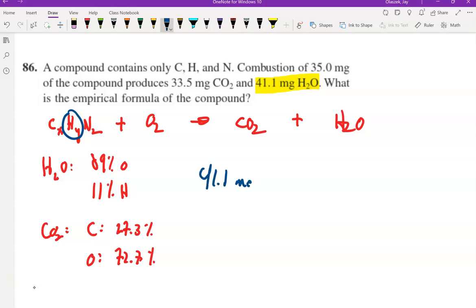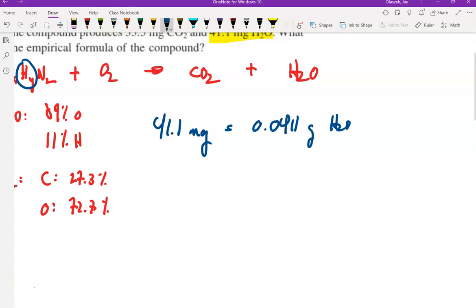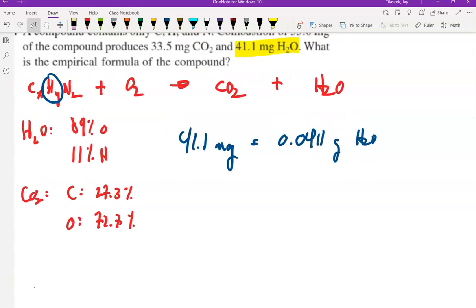41.1 milligrams is equal to 0.0411 grams of H2O. And if we know that that water is 11% hydrogen, we're going to ask, if our 0.0411 grams of water is 11% hydrogen, 0.11, what mass of that is hydrogen?